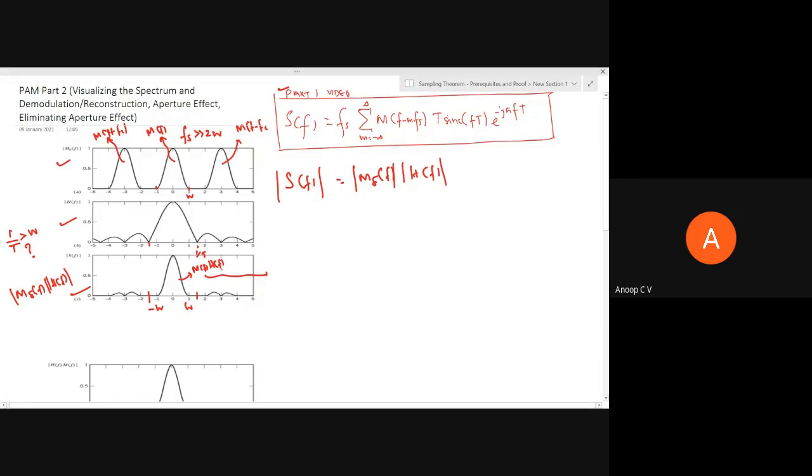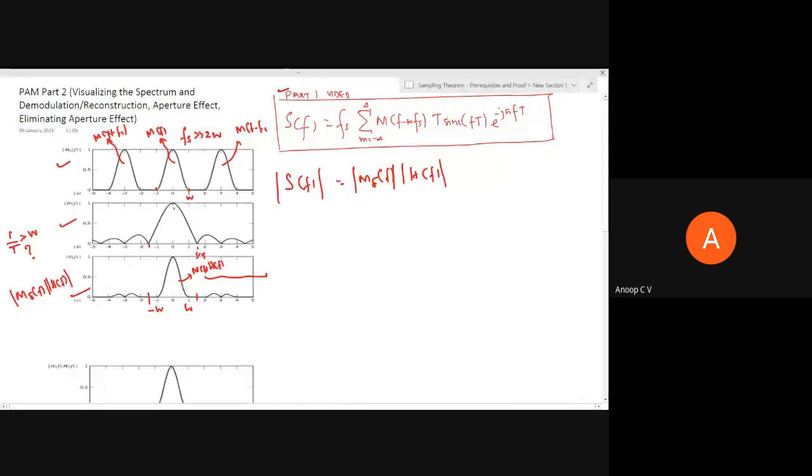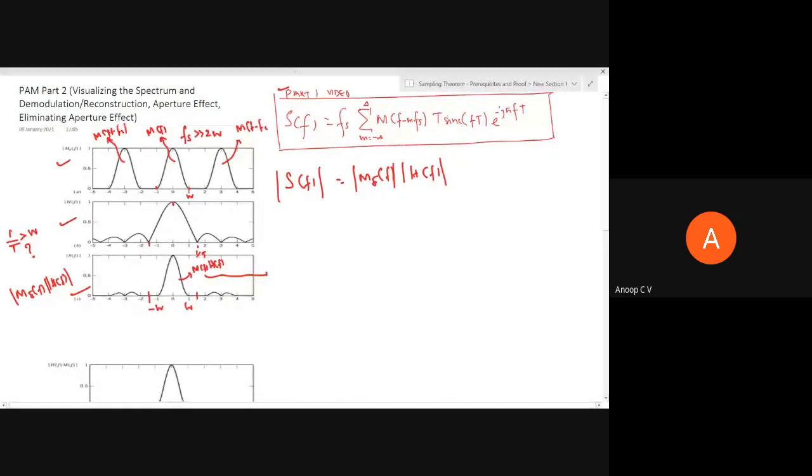But again, there is a problem here. We have multiplied this M of f with some function, so it's not an ideal low pass characteristic. If you see H of f as a filter, the gain of this filter is maximum for f equal to 0, and as frequency increases, its gain reduces. What is the problem with that?